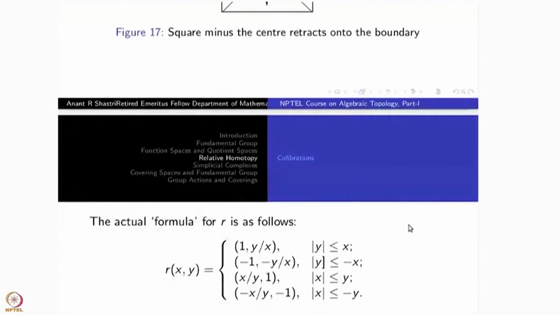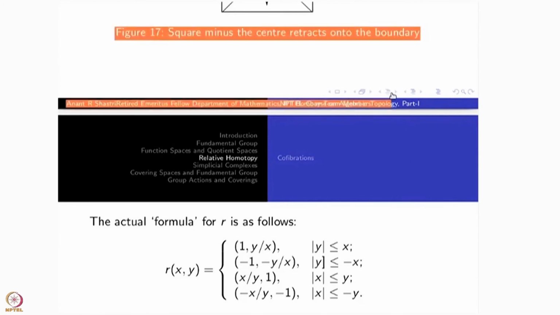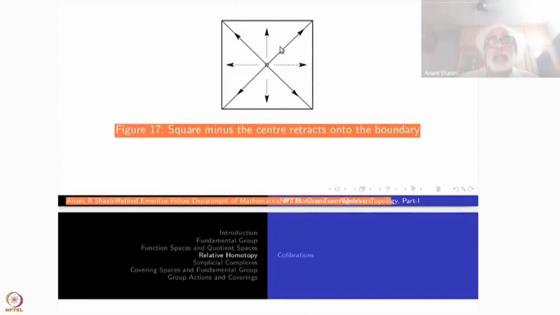So you can write down the formula. So here I have written down the formula. For each triangle, you have to have a different formula here. For example, the first formula is for this triangle.